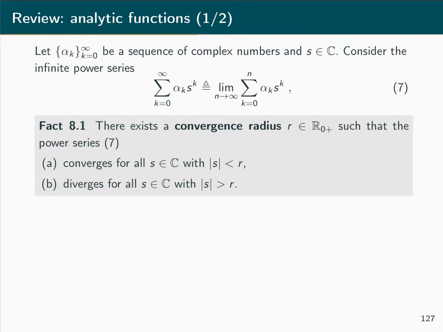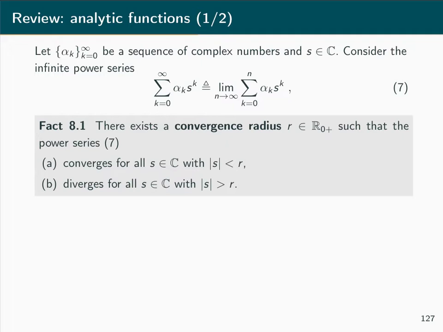There is an important result on this, stated in fact 8.1. It's one of the central elements of a basic course in complex analysis, and therefore we will not repeat the proof here. However, we will use the result.